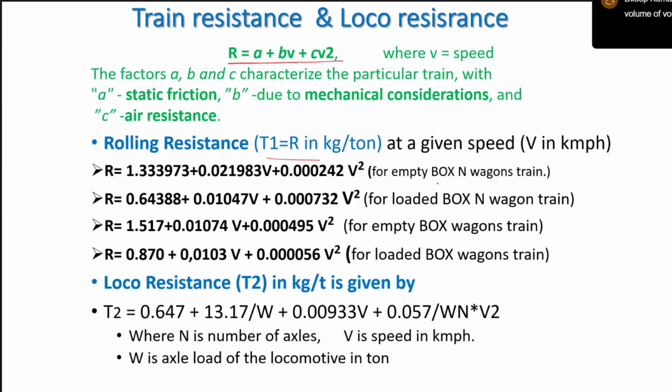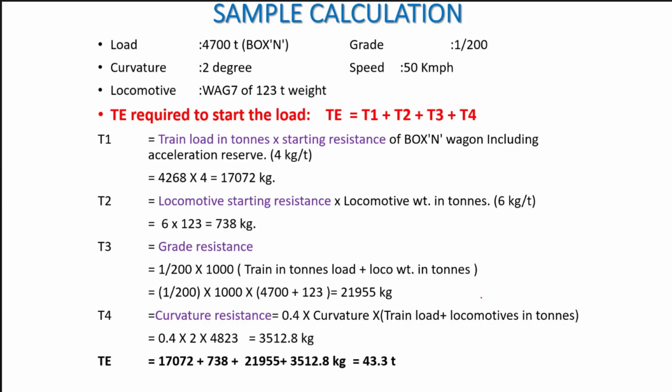For various train combinations, like BOXN empty, BOXN filled wagon, box wagon, it is calculated here. Similarly, for the loco resistance, the formula is shown. By that, the resistance is calculated. I am showing a sample calculation of how the tractive force is calculated.